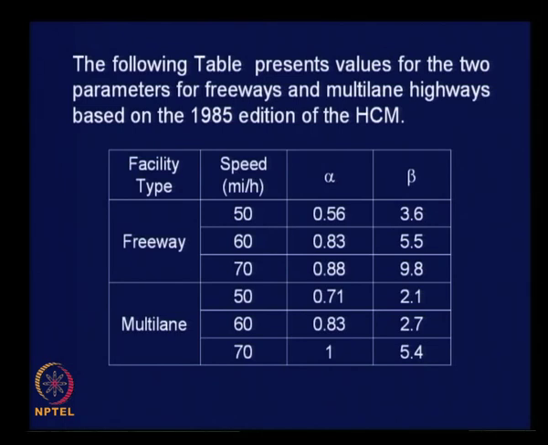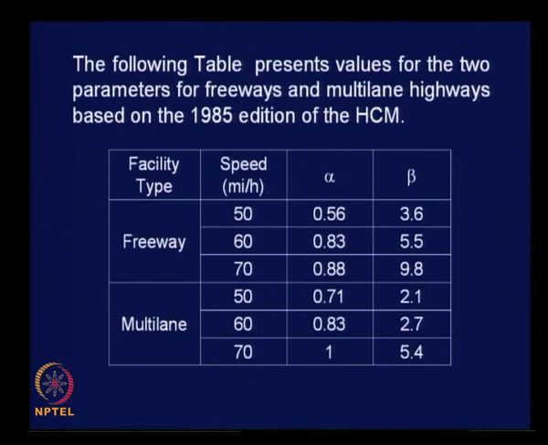Constrained traffic flow condition will prevail on multi-lane roads, and freeways will have unconstrained traffic flow condition. And even there the design speeds have been given three values: 50 miles per hour, 60 miles per hour and 70 miles per hour for both these categories of roads, and the values of alpha and beta are given separately for each category.